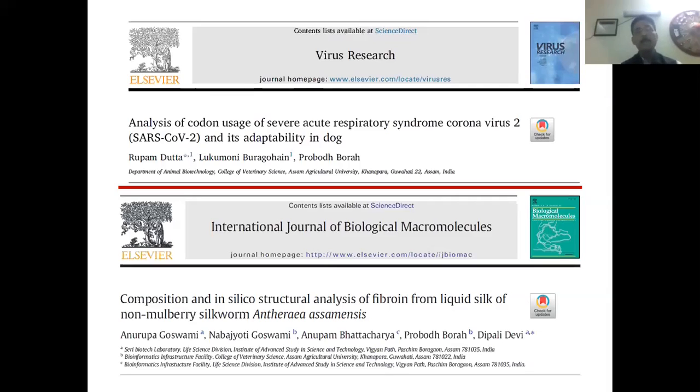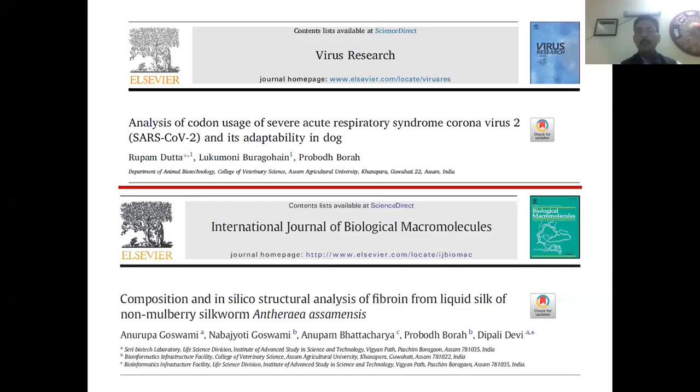So in the case of dogs, we found that the codon usage pattern of the SARS-CoV-2 virus is almost similar to that of human beings. And that is the reason that, out of all the different pet animals or other carnivores, dogs are a preferred host for the SARS-CoV-2 virus.